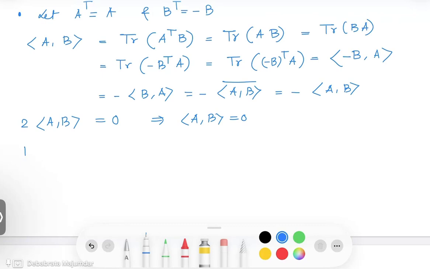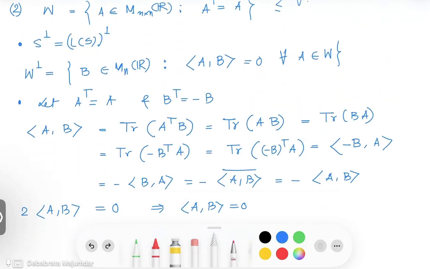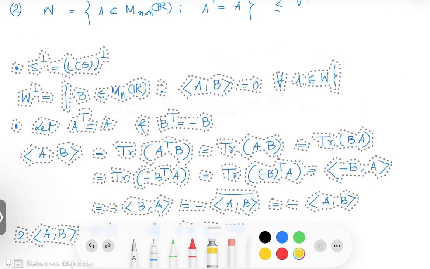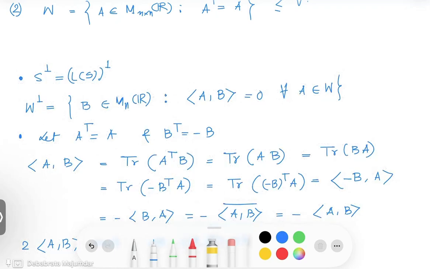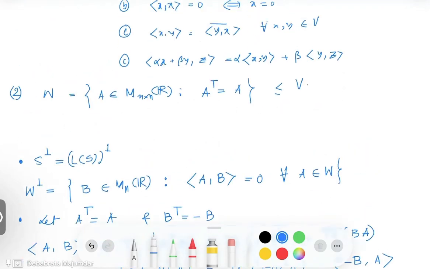So if I am taking one more thing, I'm giving you another name of the set.